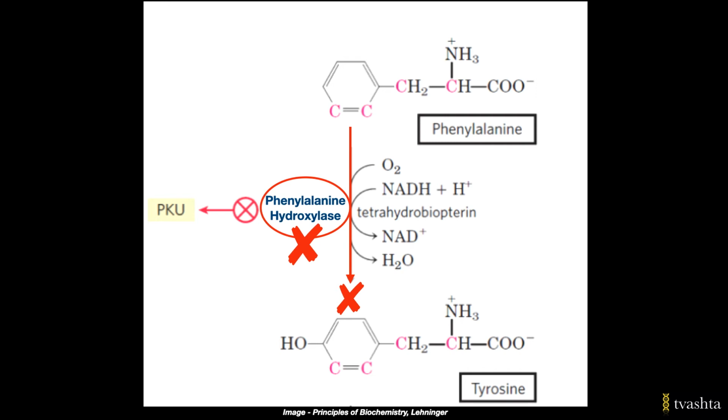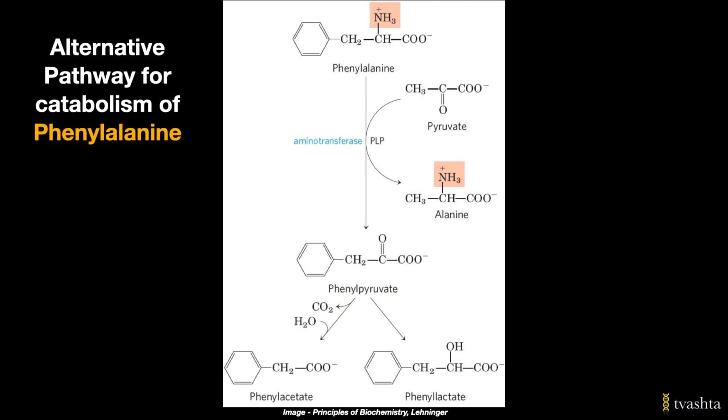In individuals with phenylketonuria, a secondary, normally little used pathway of phenylalanine metabolism comes into play. In this pathway, phenylalanine transfers its amino group in a process called deamination and gets converted into phenylpyruvate, which is a ketone.